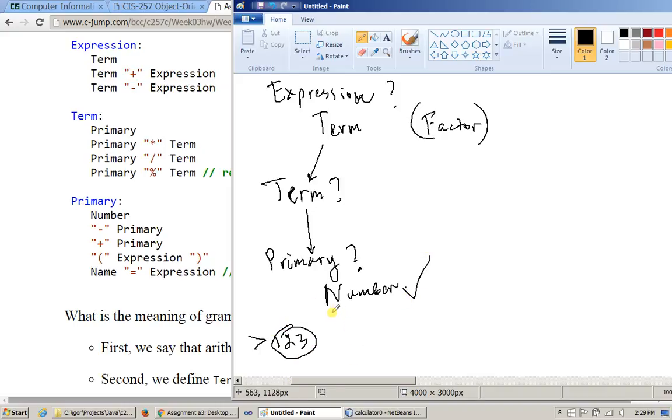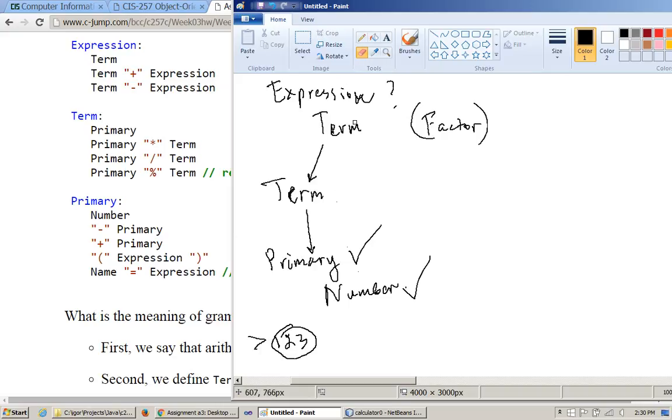We were able to identify it as part of our grammar. So now the primary is happy, and instead of this question mark, the primary will return something and say, yes, there is a match. Primary was found. Now the term, which initially wanted to check whether it's a primary, right?